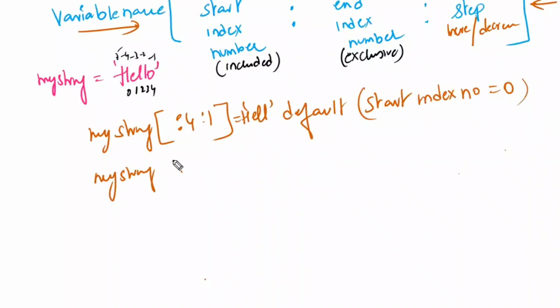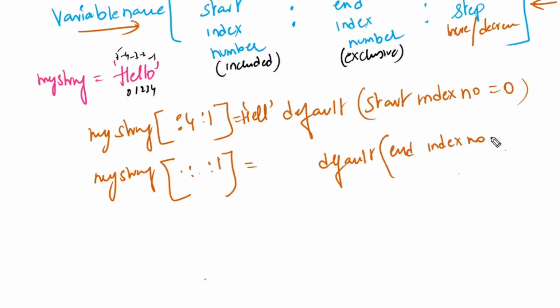My string of, if you don't give the second one, by default the value is going to be all. The default for the end index number is all. All means everything. The last one is also included.